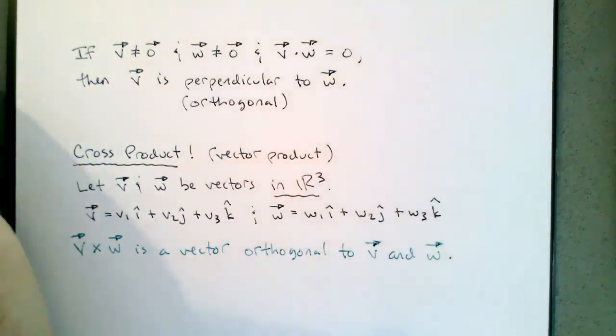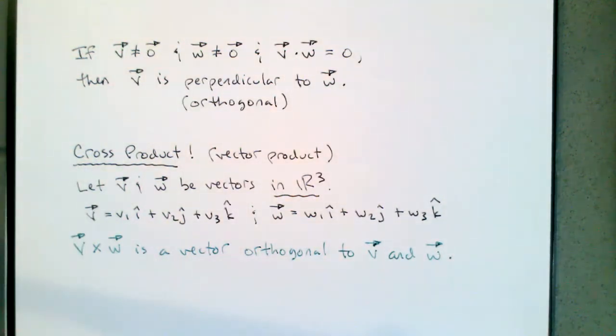And the direction is going to be subject to what we call the right-hand rule. So if I have two vectors, V and W, I'm going to draw this sort of 3D.